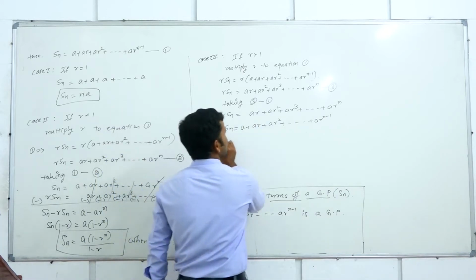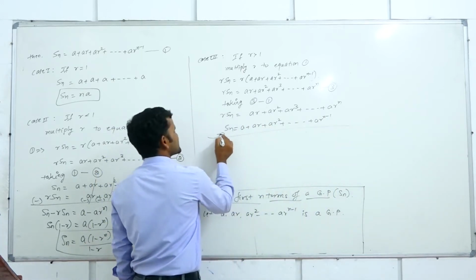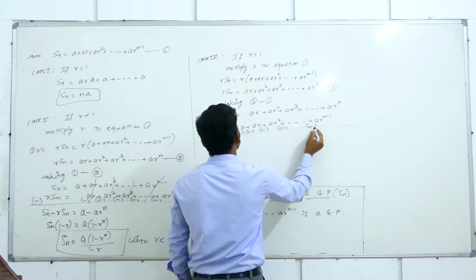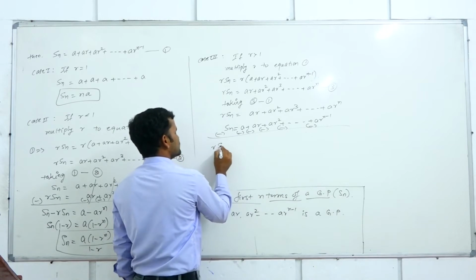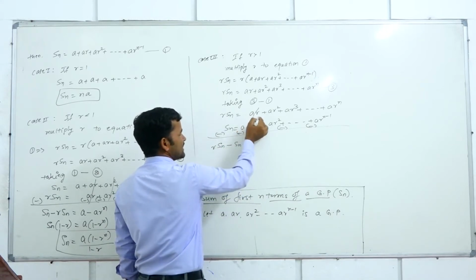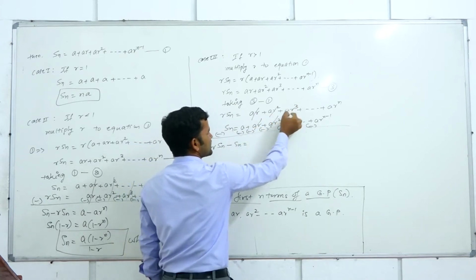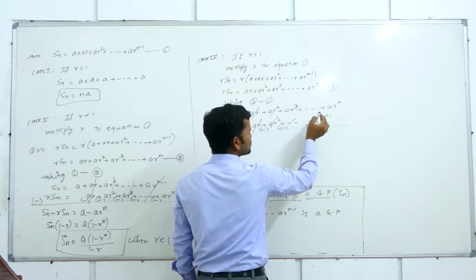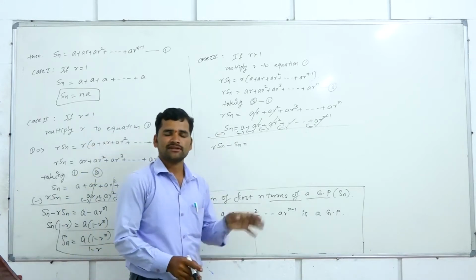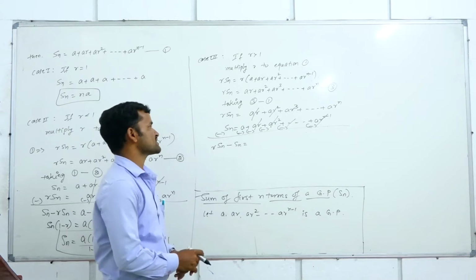As I am subtracting, change the sign here. On the left hand side I have r into Sn minus Sn, and here ar square, ar cube up to a into r to the power of n minus 1, all those terms become 0, subtracting the corresponding terms.